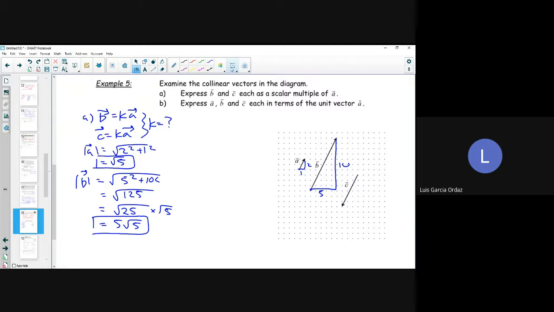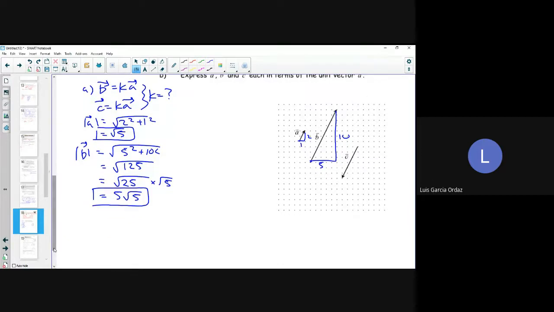Now we need to do the same thing for C. So again, make a triangle. Even though it's moving in the opposite direction, the magnitude of vector C is equal to, this is 3 and 6, the square root of 3 squared plus 6 squared, which gives me the square root of 45, which means I can rewrite this as the square root of 9 times the square root of 5.